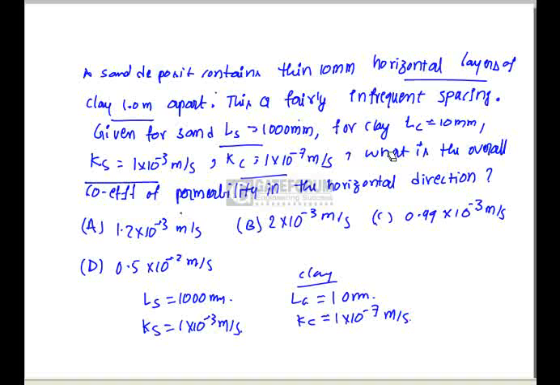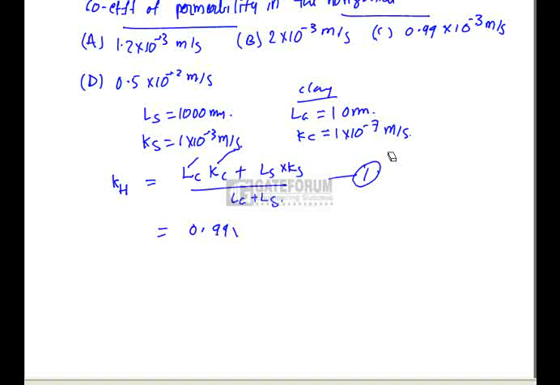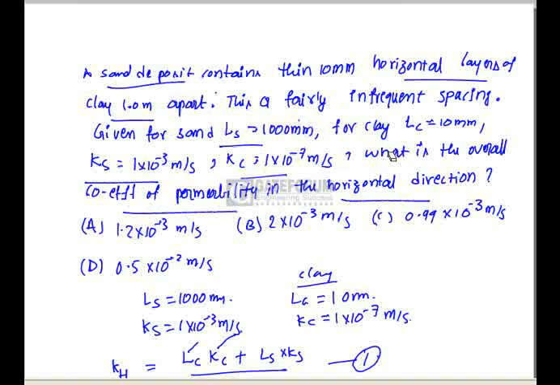We have to find out the coefficient of permeability in the horizontal direction. We represent it as Kh, that is equal to (Lc into Kc plus Ls into Ks) by (Lc plus Ls). By substituting the values in this equation, we get 0.99 into 10 to the power of minus 3 meters per second as the horizontal coefficient of permeability of that sand deposit. So option C is correct.